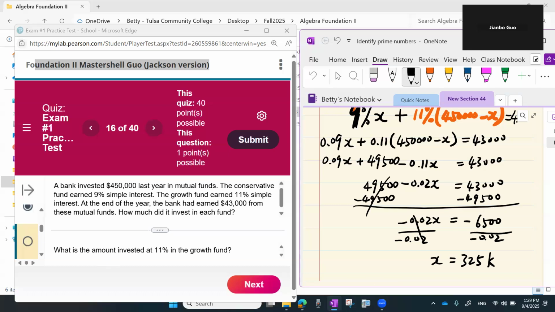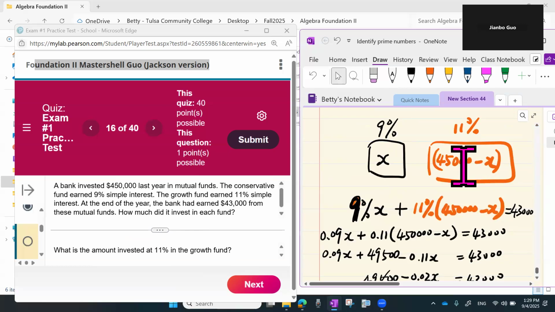What is the amount invested in at 11%? 11% actually is the growth fund. And that would be the redder one, right? So we're gonna use 450,000 minus 325,000.